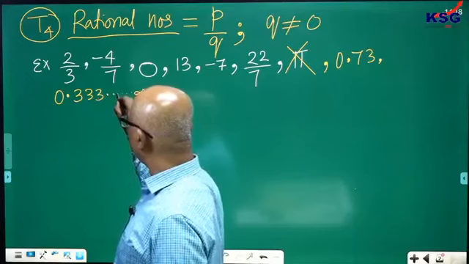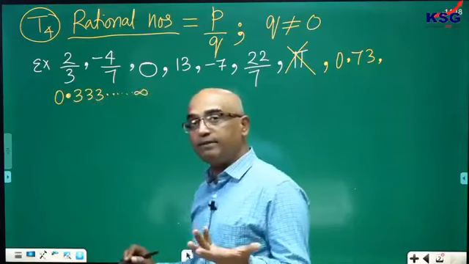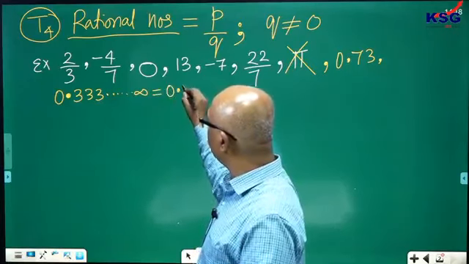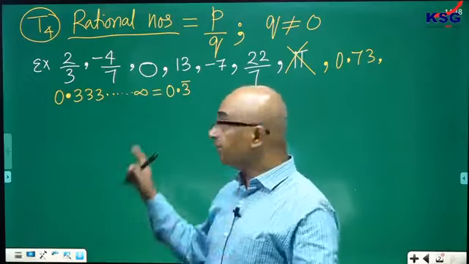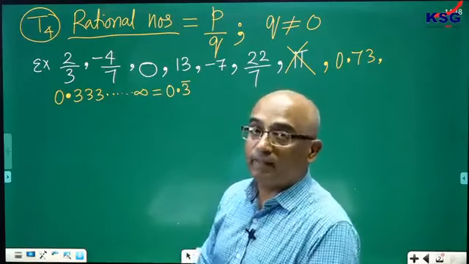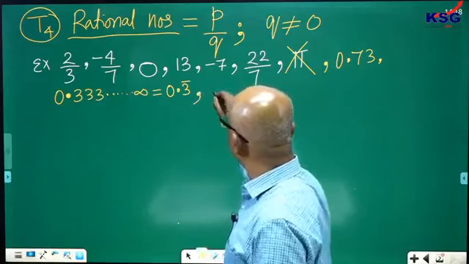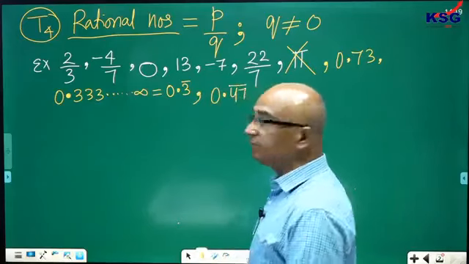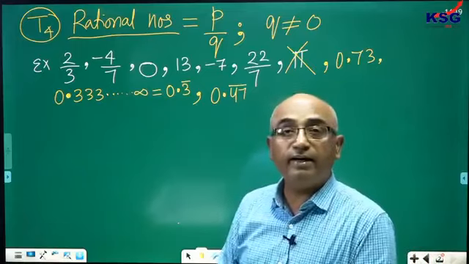If the same digit is repeated infinite times after the decimal, then it is known as a recurring decimal. This is written as 0.3 bar, and remember, this is an example of a recurring decimal. See another example of a recurring decimal: 0.47 bar is again an example of a recurring decimal.